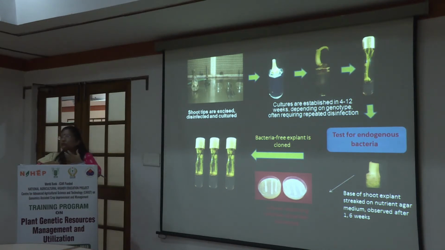The best part in tissue culture is that by manipulating the growth media, especially the hormones, plant growth regulators, one can design which way the plant will grow. So normally we design it in such a way that we get good shoots, and not only single shoots, but multiple shoots.